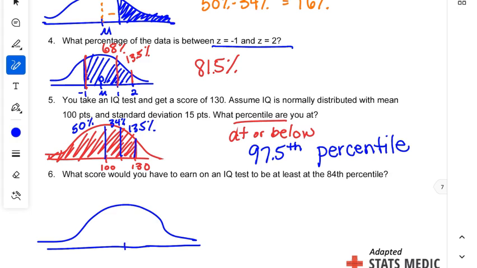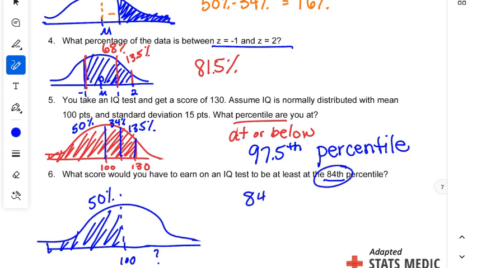Here we go. So we know that an IQ score of 100 is the mean. And we want the 84th percentile. So we want the area under the curve to be 0.85 or 85%. So we know it's going to have to be more than 100. So let's just think about this, because you want to know what this is. That's a question mark. So you know that's 50.